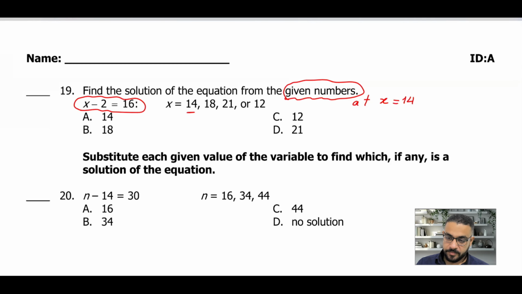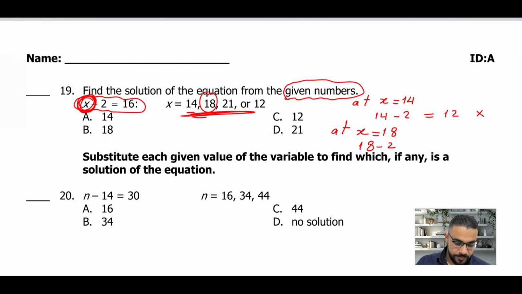The left side will be 14 minus 2, which equals 12. But that's wrong. It's not satisfying. Let's move to the next number, which is 18. At x equals 18, the left side will be 18 minus 2, which is 16.